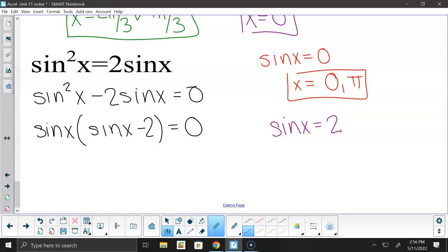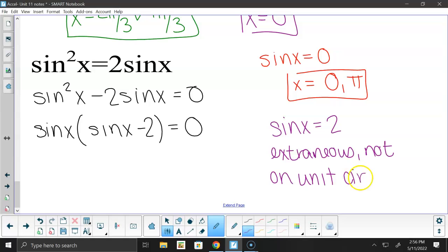No. So this one is an extraneous solution, simply because it is not on the unit circle. But that's it.